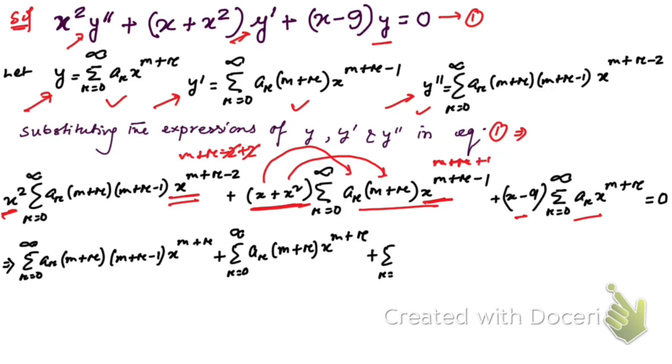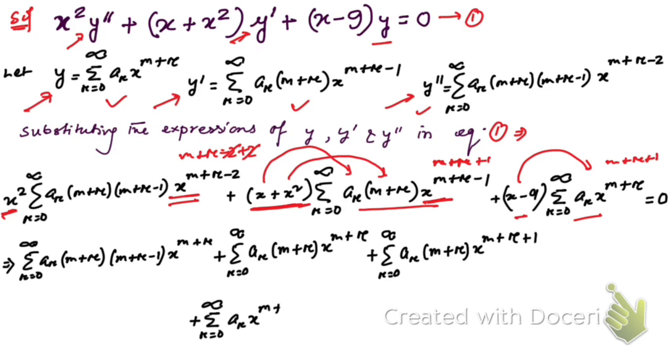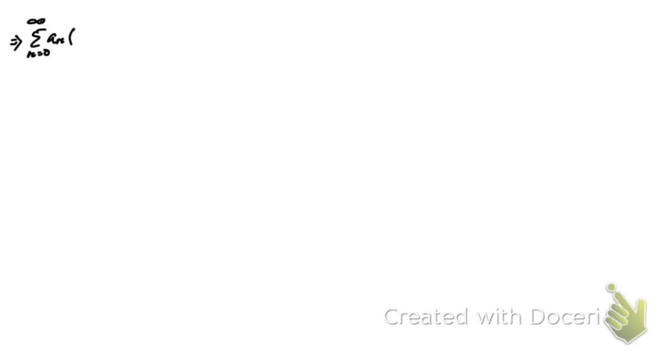So we're going to have this result. Similarly, if we multiply x with this, then you're going to have m plus r plus 1. Then minus 9 is multiplied with this, so we get this result, right? Hope you have understood now. Now let me go to a new slide. Here is the last result we have got.